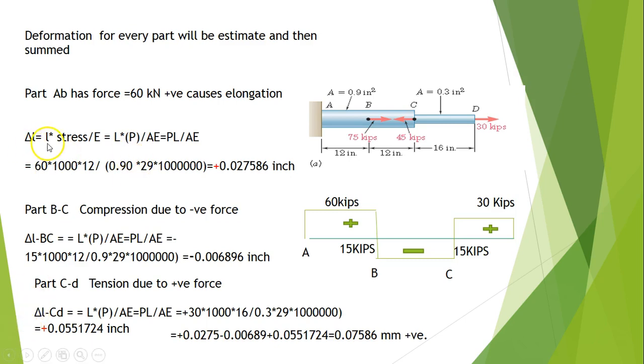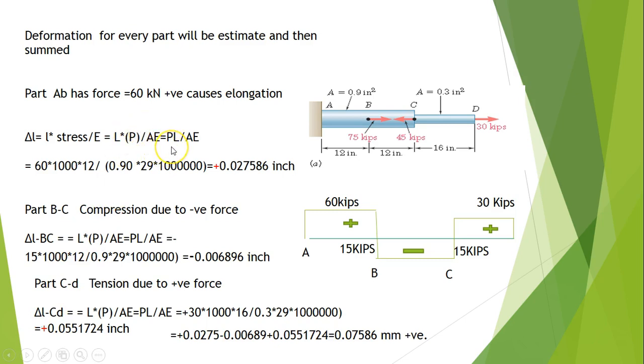The stress over the original length, delta L over L, is equal to the stress divided by the modulus of elasticity. So we are bringing L from the denominator, multiplied here. Our length is 12 inch, and the stress is being evaluated from the force.